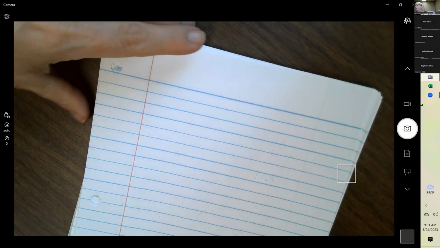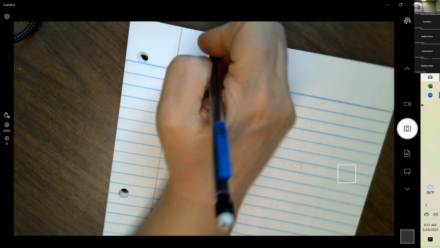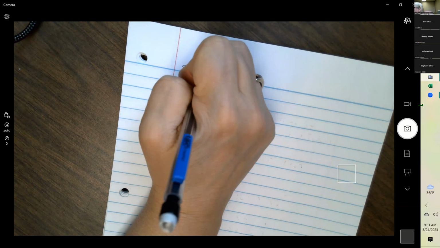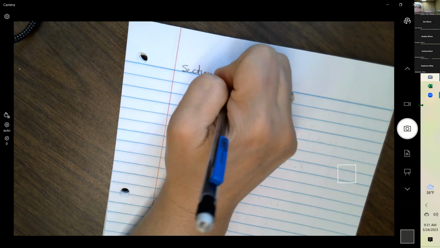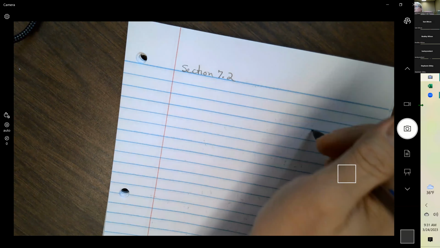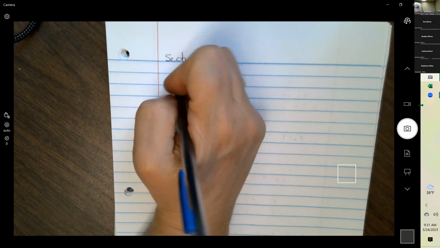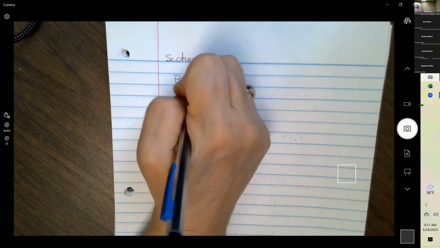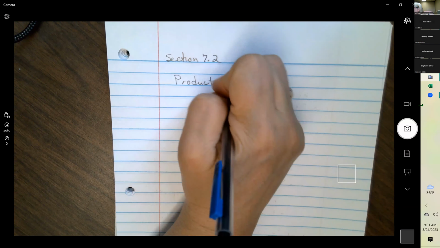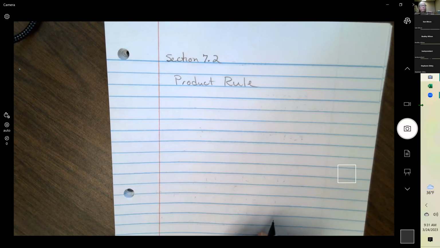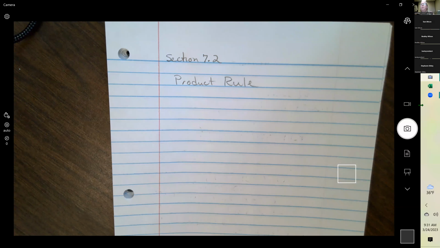Okay, section 7.2. You're still taking the derivative, but there's two different rules. One is the product rule. And product rule is when you have two things multiplied together.